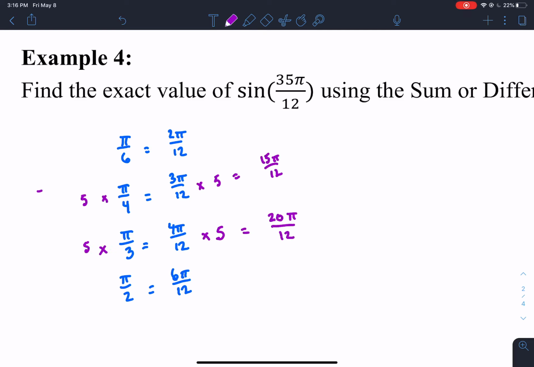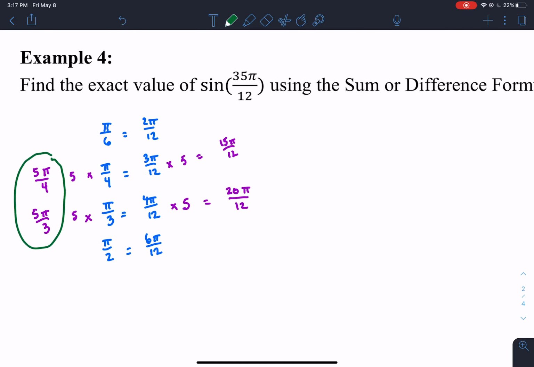So that's going to give me 5 pi over 4 and 5 pi over 3. Those are the two angles that we're going to use to get 35 pi over 12. So 5 pi over 4 plus 5 pi over 3 is going to give you 35 pi over 12.